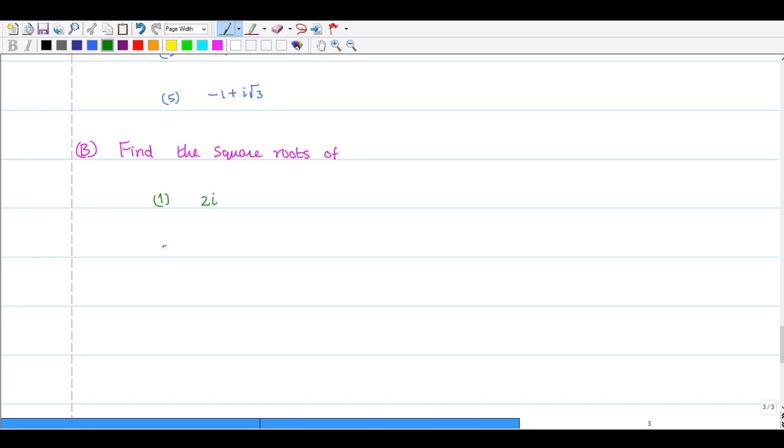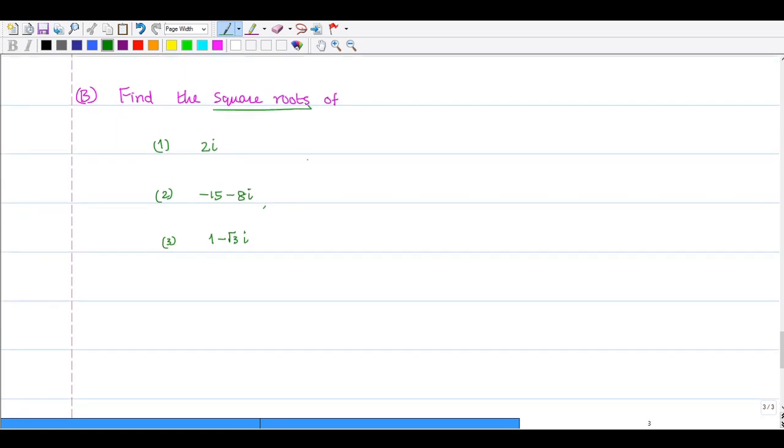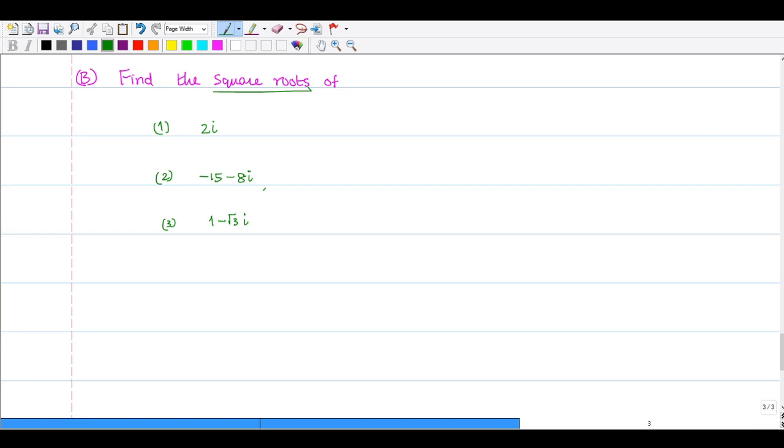Number 2 is minus 15 minus 8i. And number 3, take it to be of the form 1 minus root 3i. So find the square root of these. Okay, and I will go for another problem.